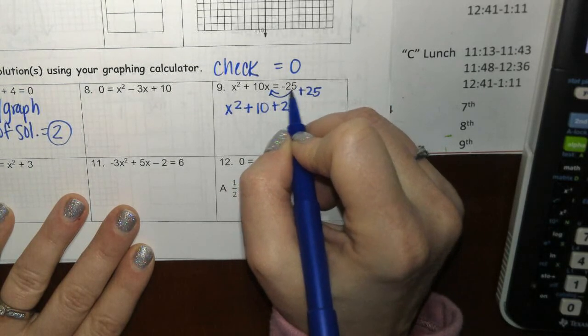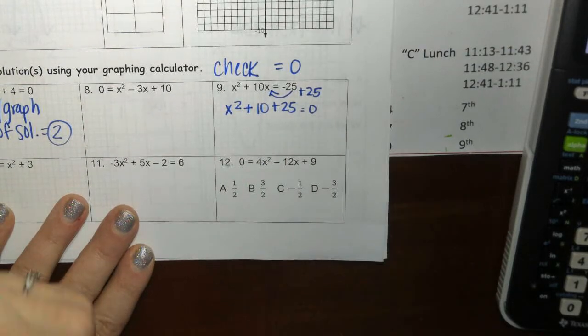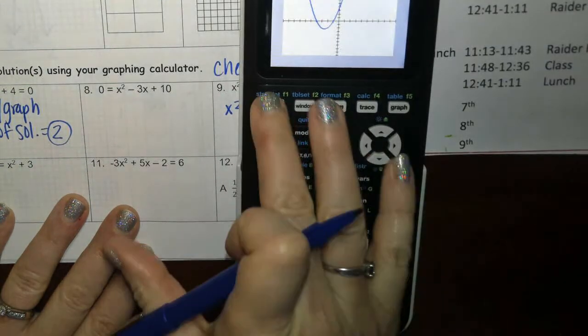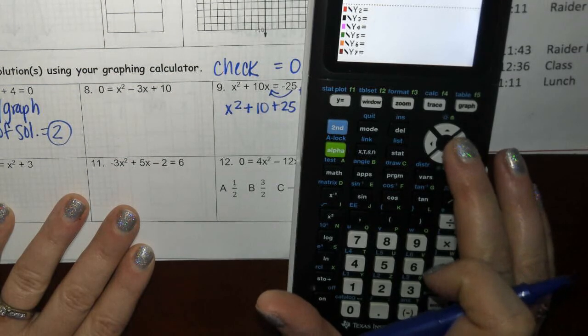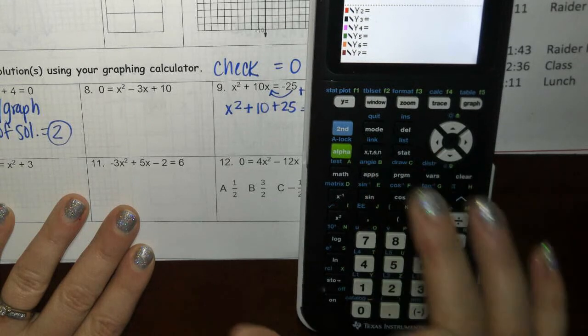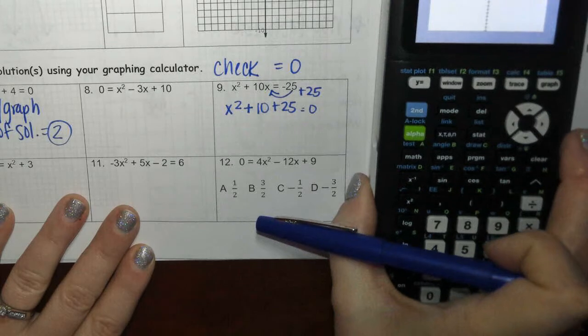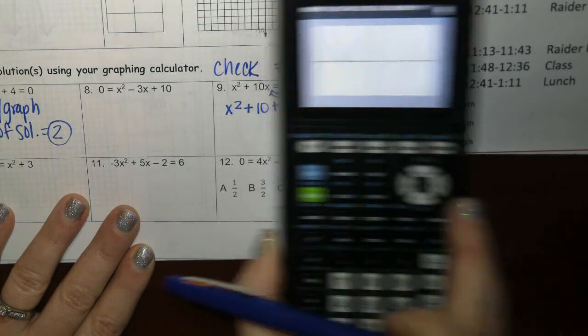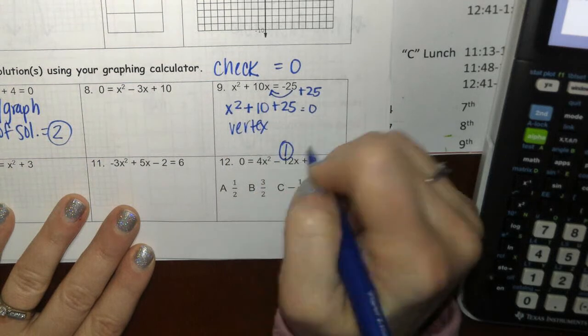If it's negative 25, you add 25 to move it over. And now it's equal to 0. Now we can put that into y equals x squared plus 10x plus 25 and graph it. And it passes at the vertex, so it's only one solution.